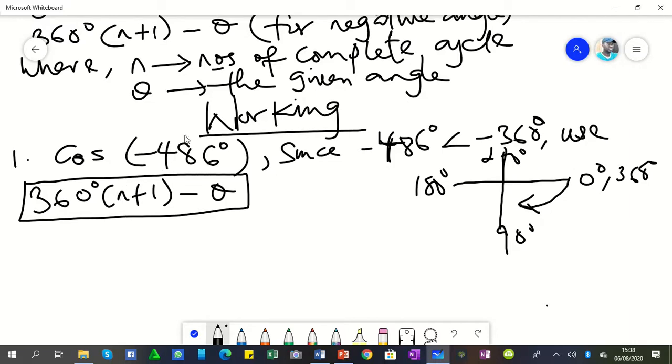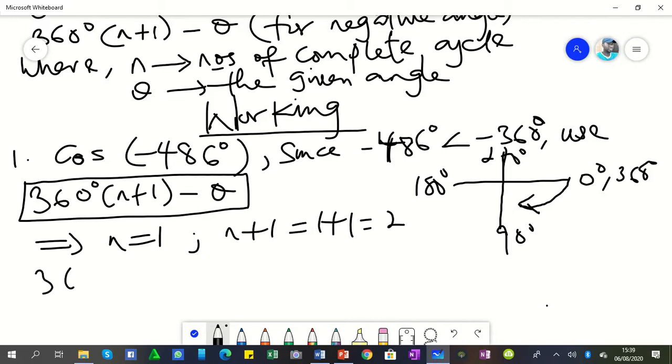Now, the size of the angle, as I said earlier, is always positive. So the size of the angle is actually 486. You will see that only one complete circle is made when the angle is 486, which implies that our n is 1. So if n is 1, n plus 1 must be what? 1 plus 1, which is 2.